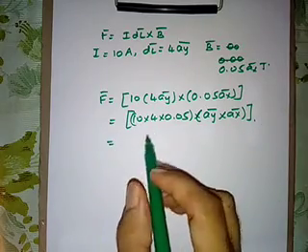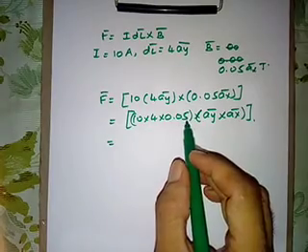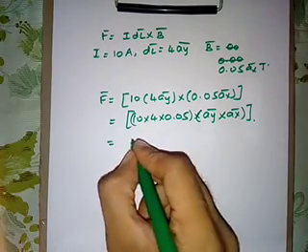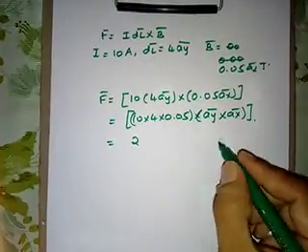So this is 10 into 4 into 0.05, times AY bar cross AX bar. 10 into 4 is 40, and 40 into 0.05 is 2, right? AY bar cross AX bar.